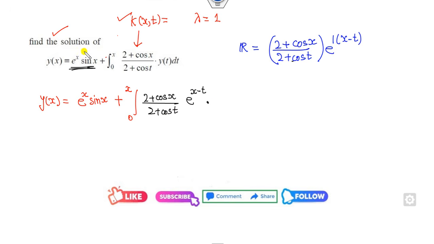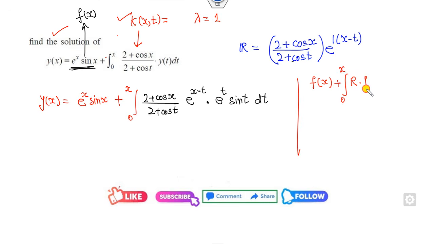What is the f of t? This is my f of x. What is the f of t? It is e raised to power t sin of t into dt. Make sure the solution will be whatever the function f of x plus integration of resolvent kernel into f of t.